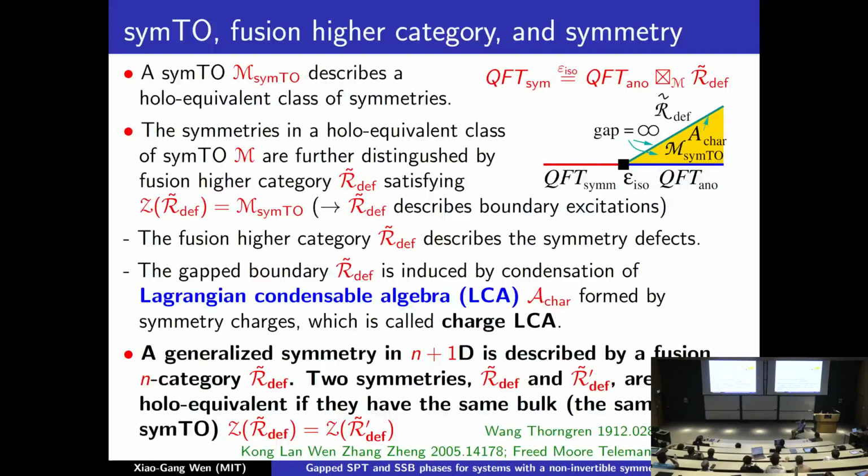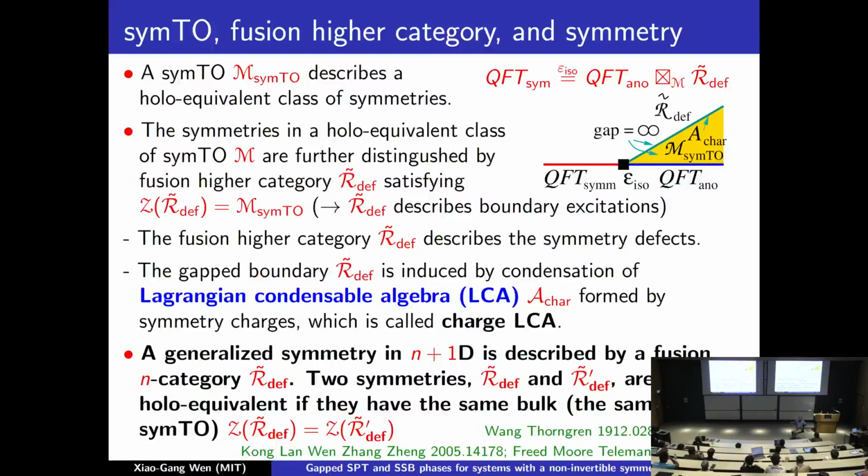And also, which is important for this talk, the gap of the boundary is induced by the condensation of some anyons inside the bulk. There is some collection of anyons which have trivial statistics and trivial mutual statistics, so that they can condense together.